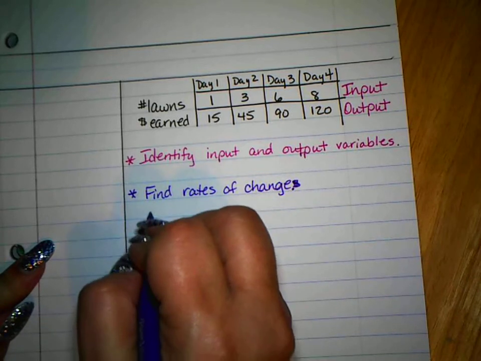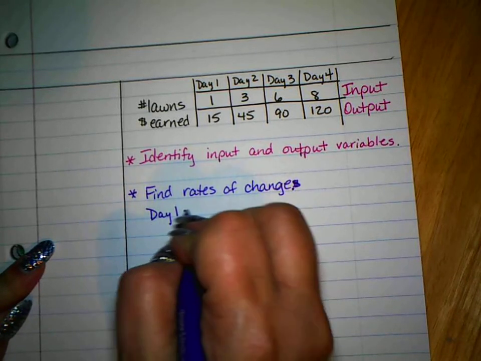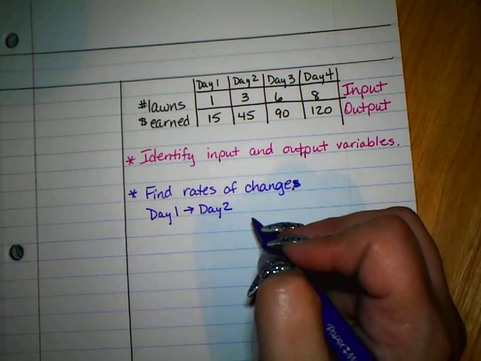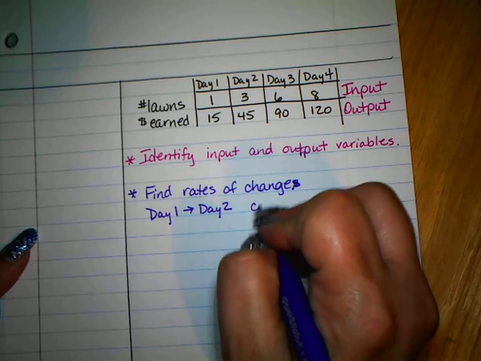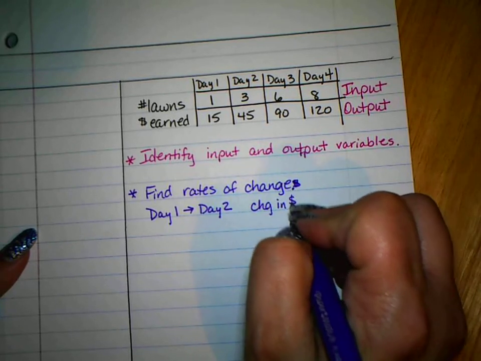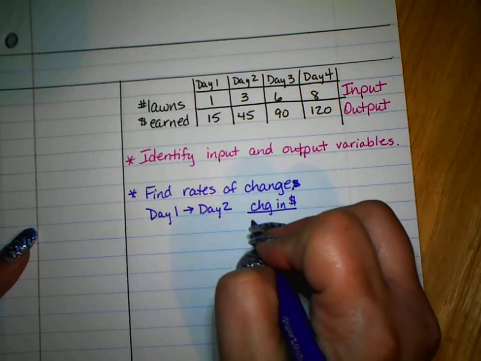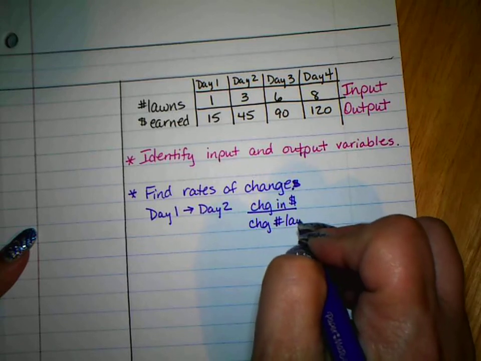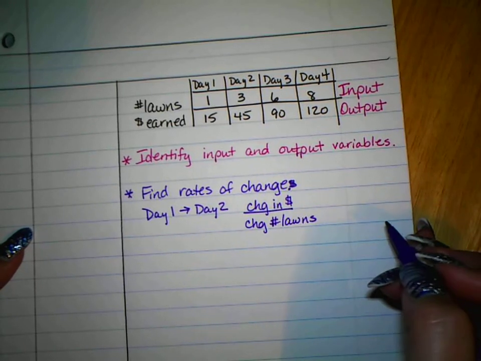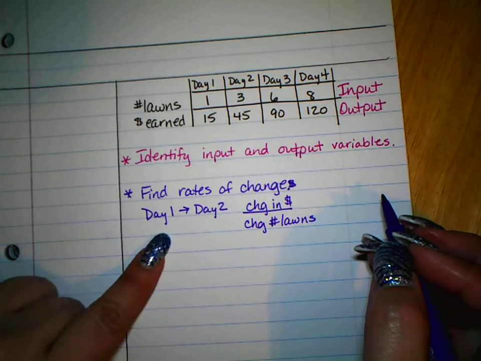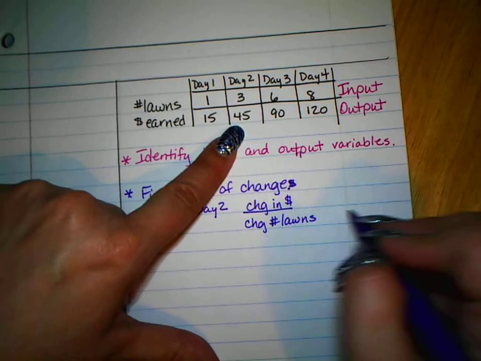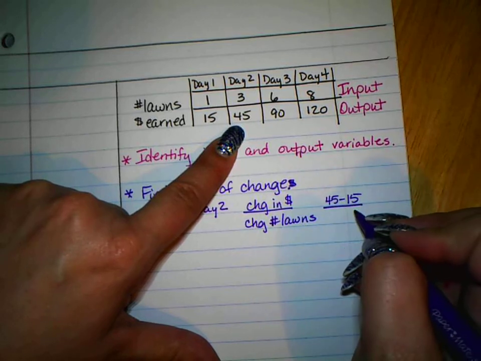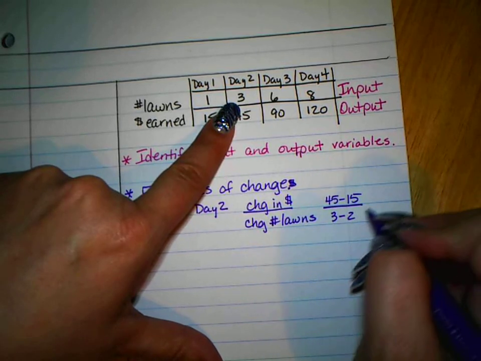Okay, if I look at day 1 to day 2, what I'm really wanting to look at is the change in the money over the change in the number of lawns. So from day 1 to day 2, in the money, I went from 45, or I need to find the difference of 45 minus 15, and 3 to 1.